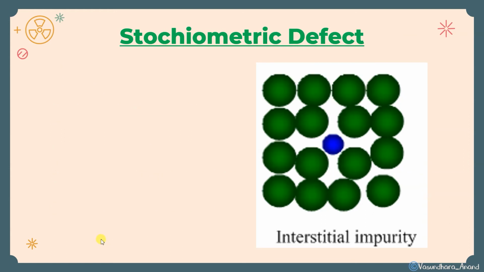Another is interstitial impurity. What will happen? The particle leaves its lattice site and goes and sits in the interstitial of another unit cell. So it is like two molecules are there. If I'm heating one unit cell, creating a vacancy there, the atom goes to another unit cell.